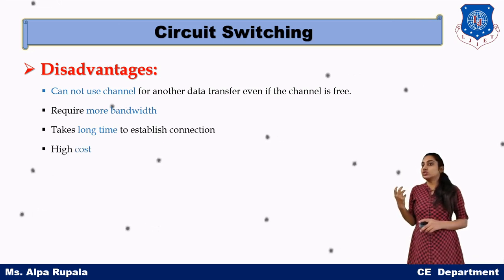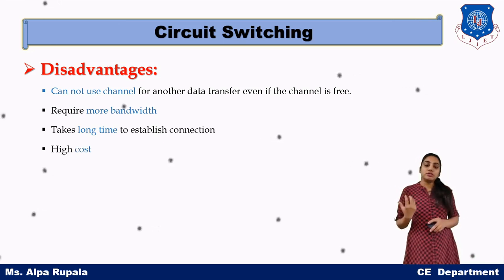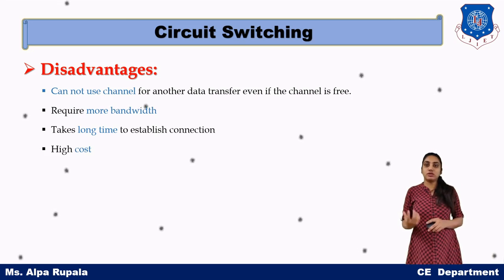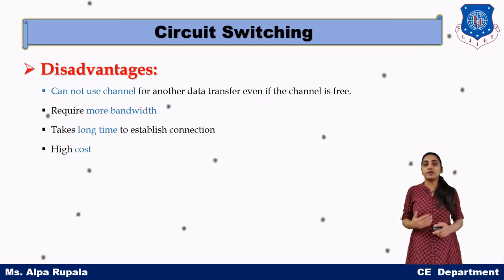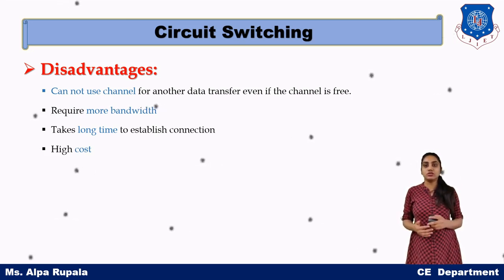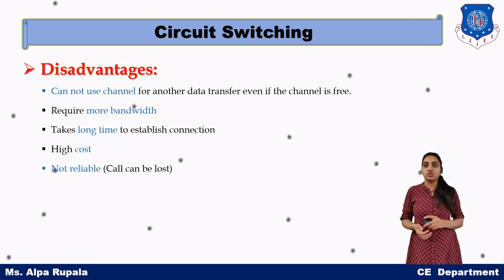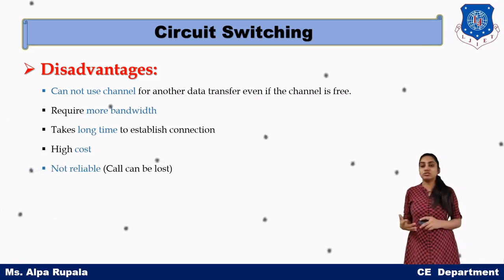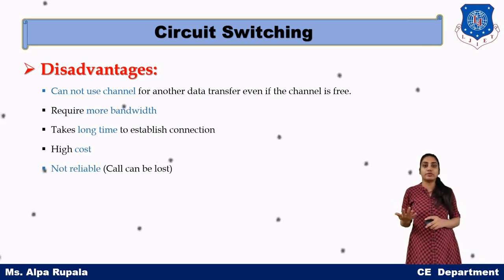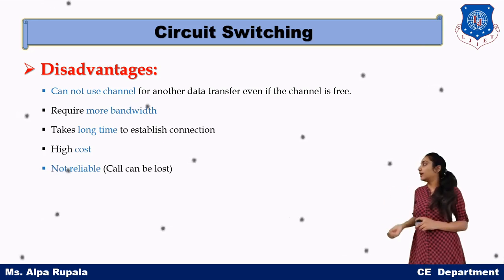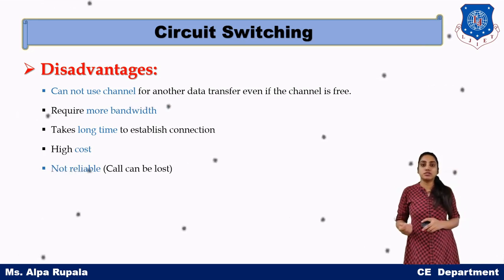So the time taken for establishment is very high, and the cost of communication is very high. It is also not that reliable, as frequent call drops can happen. These are all the disadvantages of circuit switching.